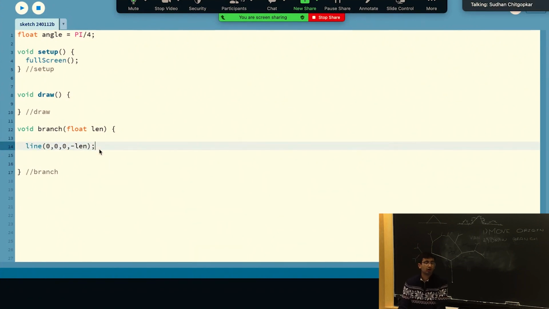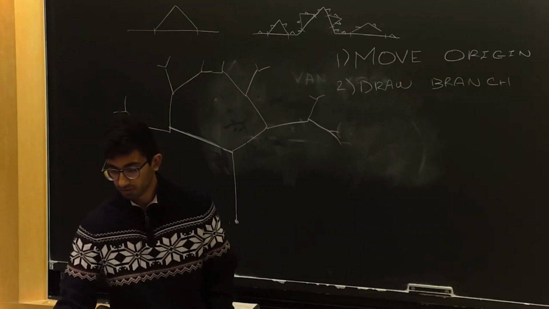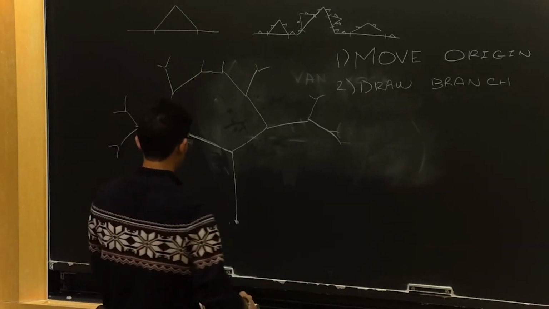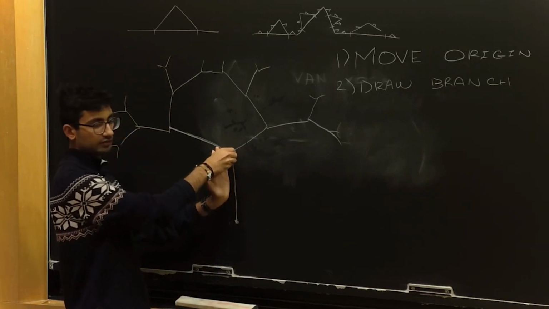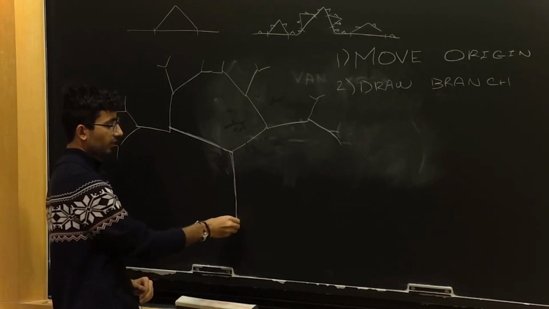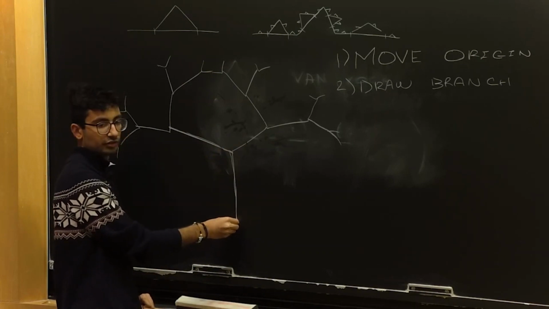And now we need to do the hard part, which is moving our coordinate plane and then redrawing lines, right? So let me stop sharing and we'll go back. Okay, so all we've done so far is create this line right here. And our coordinate plane, our origin point starts here.